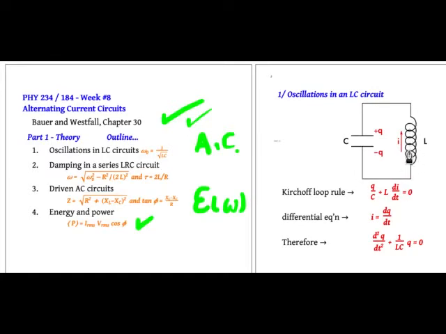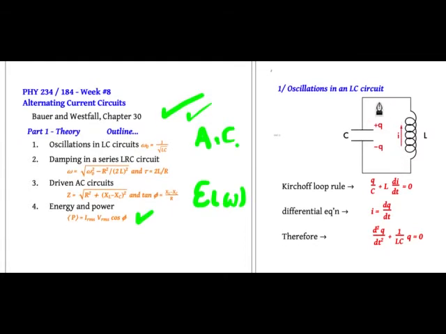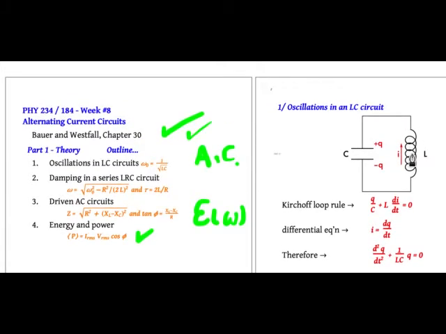Oh, by the way, I've assumed that the current is in this direction. The current is directed towards the positive terminal of the capacitor. So positive I will mean a current in this direction, counterclockwise. Negative I will mean a current in this direction, clockwise.